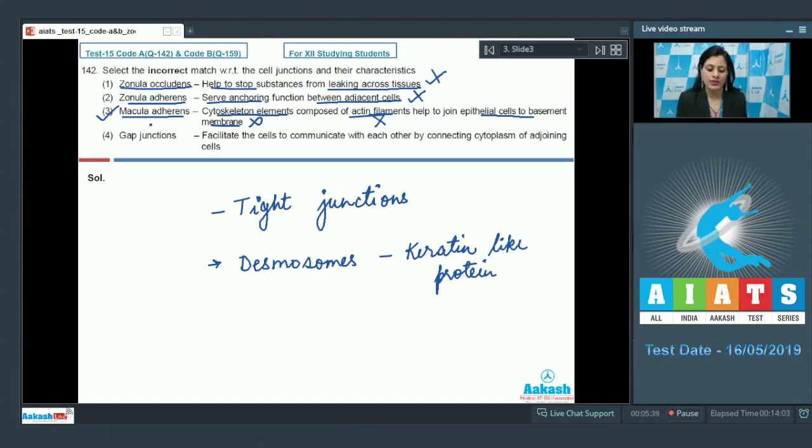The next match given is gap junctions, and the match given is facilitate cells to communicate with each other by connecting cytoplasm of adjoining cells. And as it is also a correct match, this cannot be a correct answer to our question. So the correct answer to this question is option number 3. Let's discuss our next question.